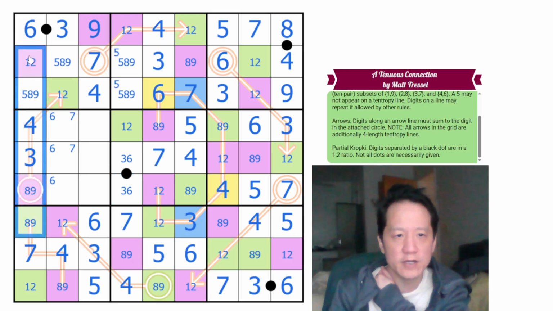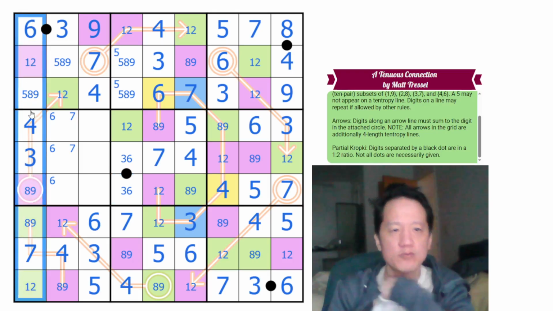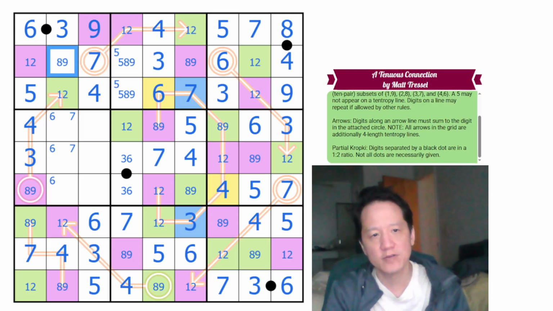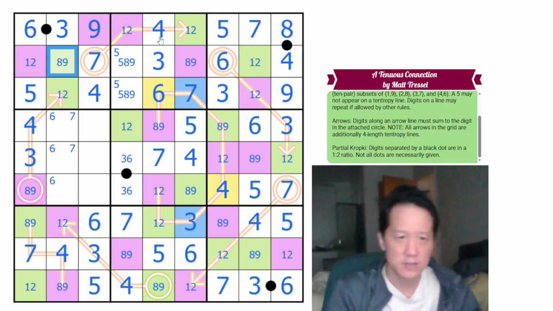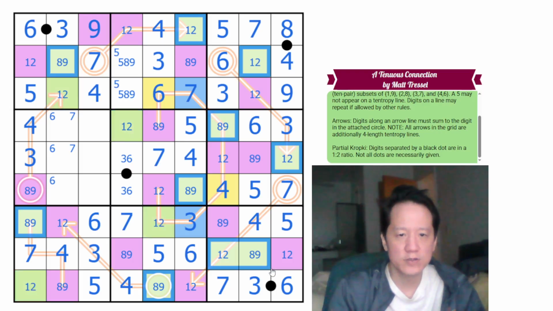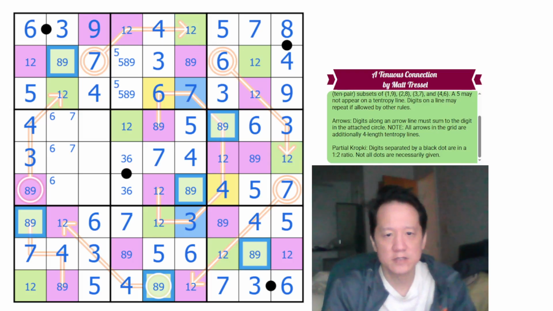We have an 8, 9, 8, 9 pair in column 1, which eliminates 8 and 9 from the rest of the column. So this must be 5, which means this cannot be 5. It must be the green 8, 9, which must be 8. So we can mark all the 8 and 9s as 8.